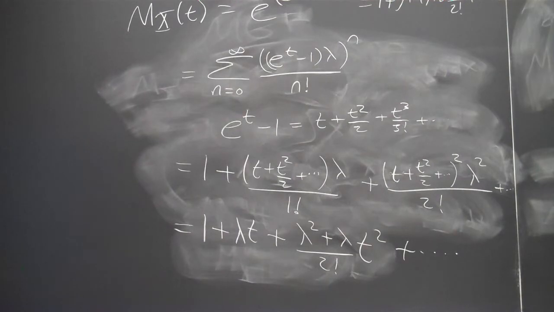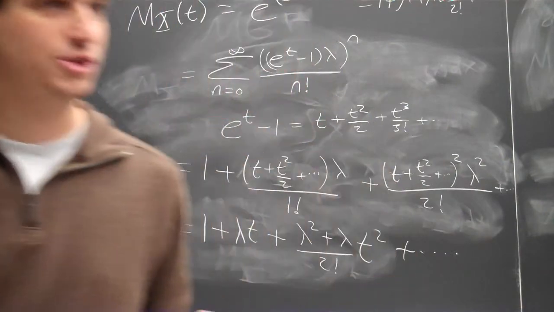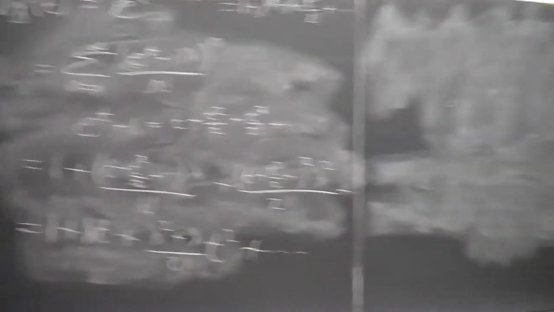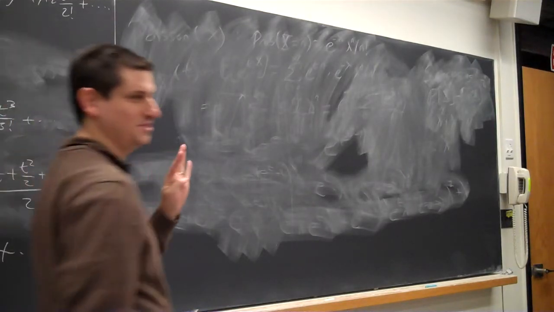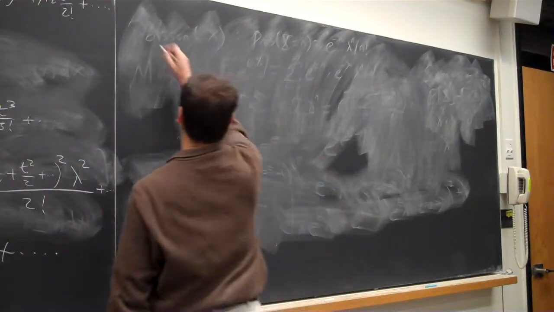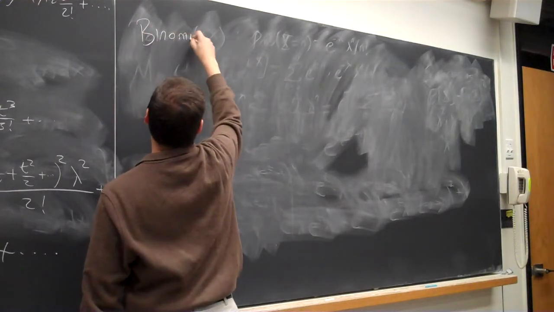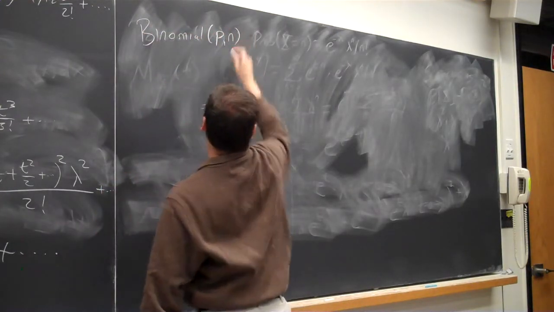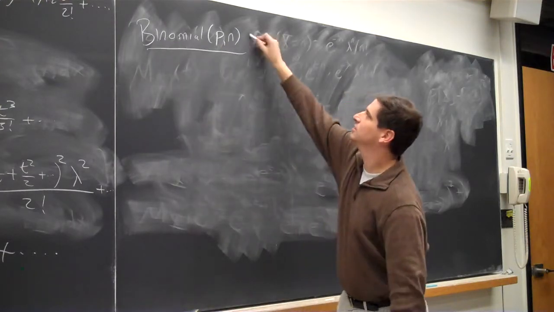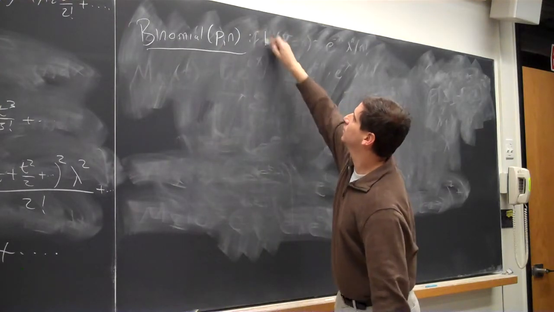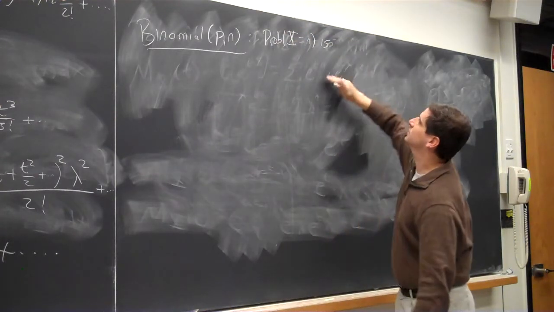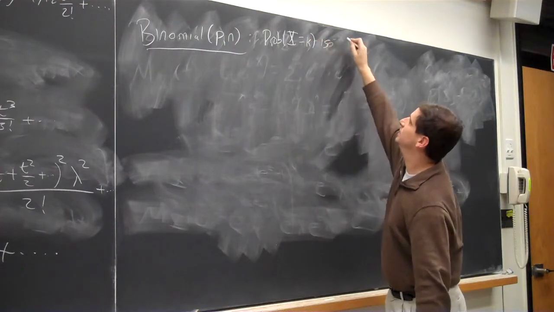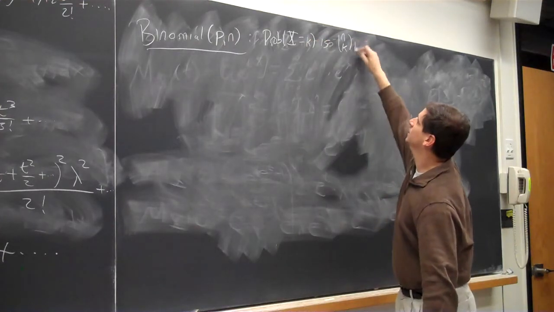Alright, should we do one more example? We just did a continuous example, so what should we do? Discrete. So do you want to do the binomial, the binomial, the binomial, or the binomial? I'll give you 4 choices this time. Still the third one. Interesting. So the binomial: the probability X equals k is n choose k. Isn't Poisson discrete?